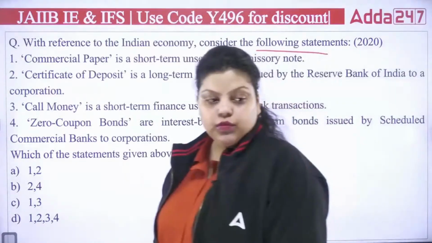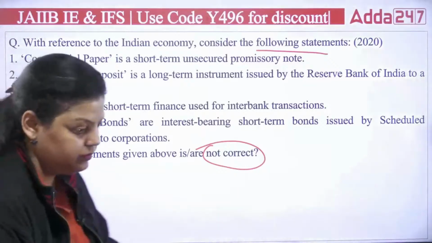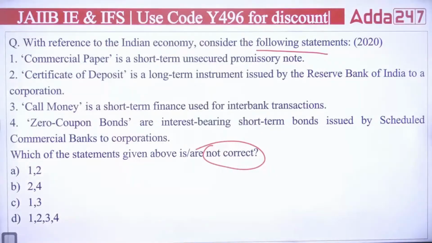Okay. So, first of all the instruments if we talk about, they are related to... Chalo, which of the following will be correct?